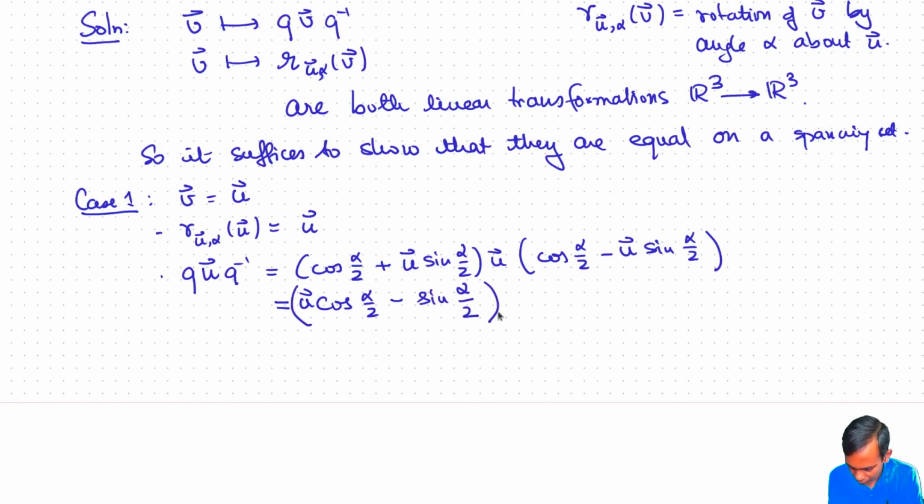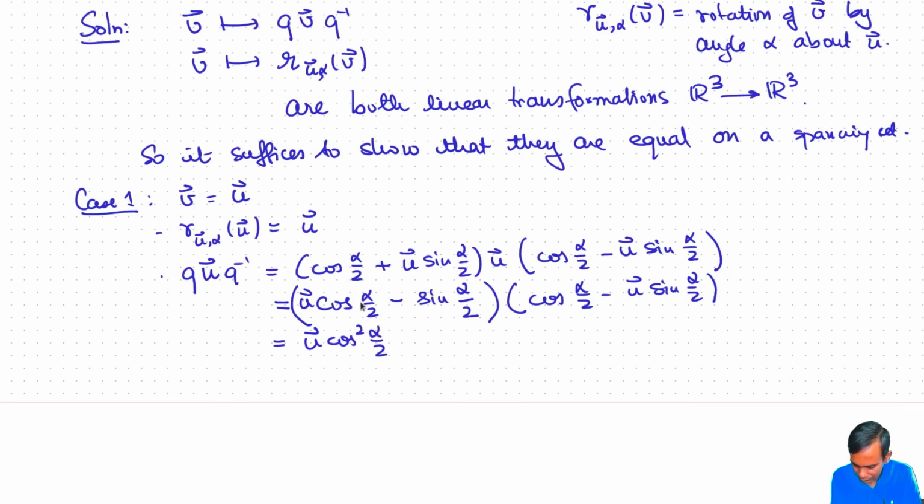And now we need to take this and multiply it by cos alpha by 2 minus u times sine alpha by 2. So that multiplication formula for two imaginary quaternions makes life quite easy. And so now if you do this, then you'll get u times cos squared alpha by 2.